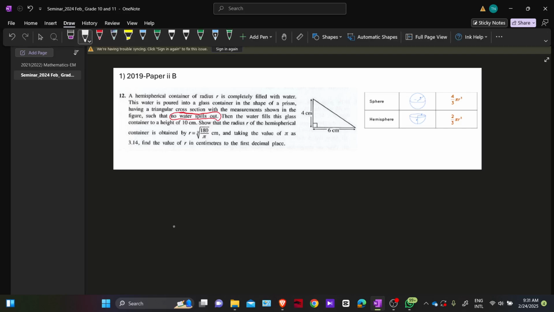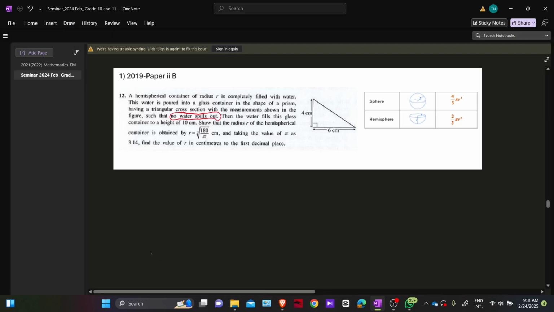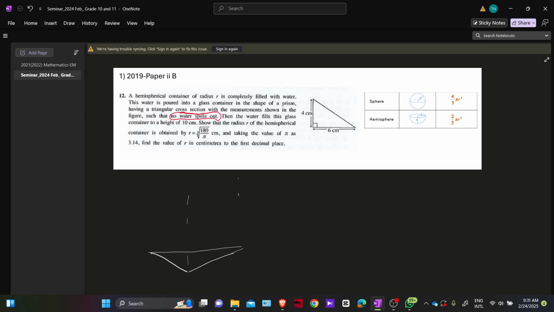I'm going to use a figure to indicate the details. Here's the cross section. This part is 6.